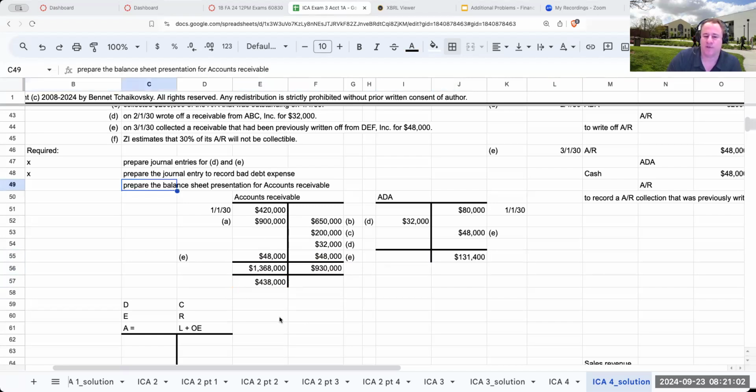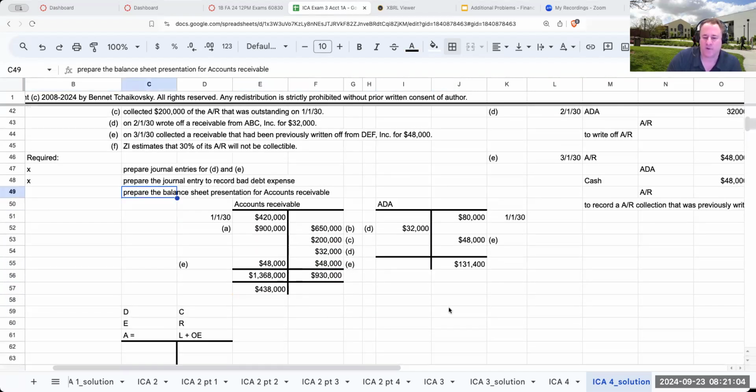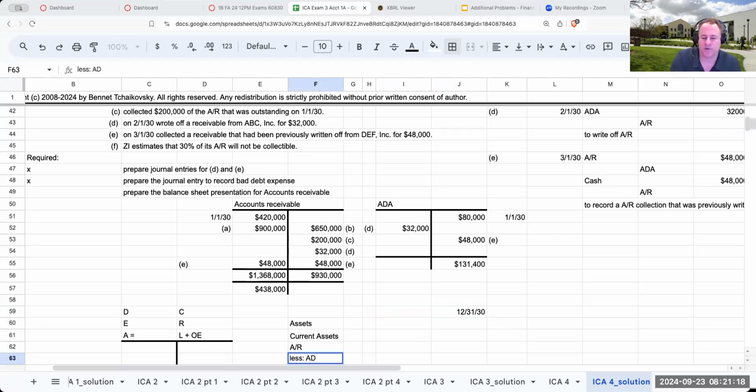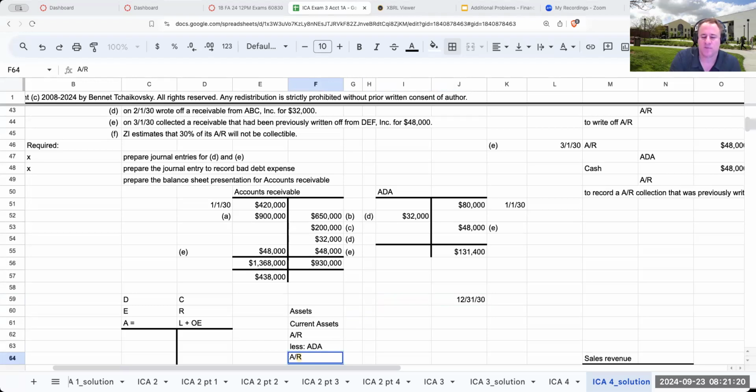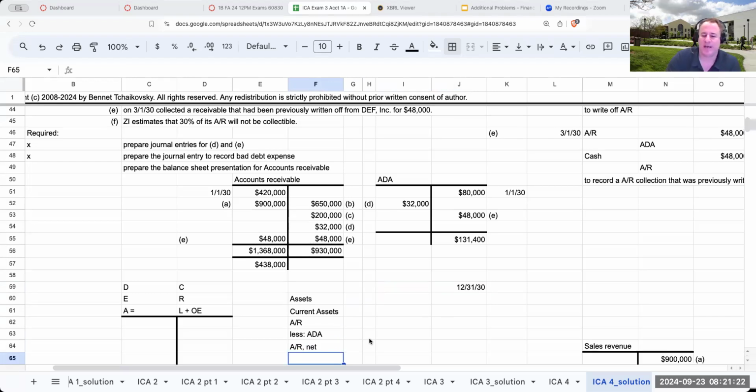What I can also do right here before I get to bad debt expense is prepare the balance sheet presentation for accounts receivable. So on 12/31/30, assets, current assets. Remember, accounts receivable is a current asset. I'm going to have accounts receivable less my allowance for doubtful accounts, which gives me accounts receivable, net.